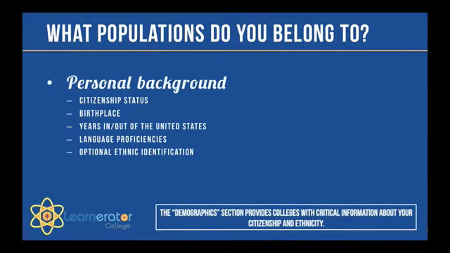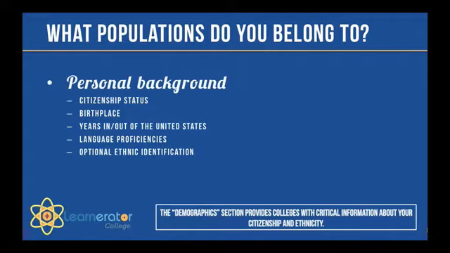In the next section, we go into what your demographics are, what's your background. In this section, the Common Application is going to be asking you about whether or not you're a U.S. citizen, where you were born, the years that you spent in and out of the United States, what languages you're proficient with, along with an optional ethnic identification section. So again, it's very much like the very first section of the Common Application with basic information, where it's just asking you critical information about your citizenship and your ethnicity.